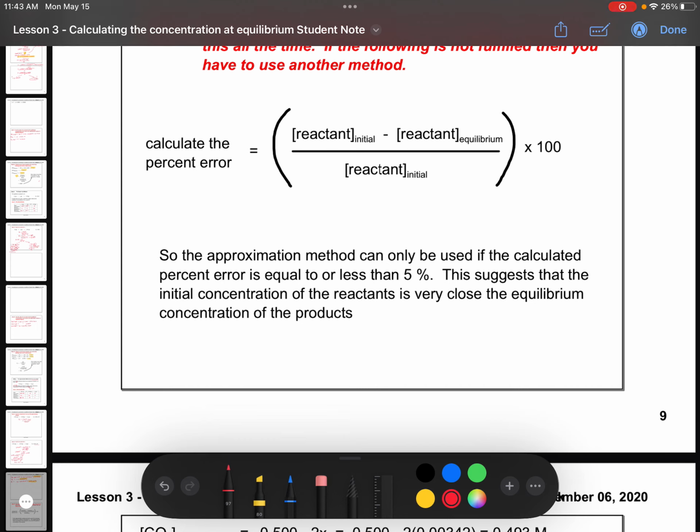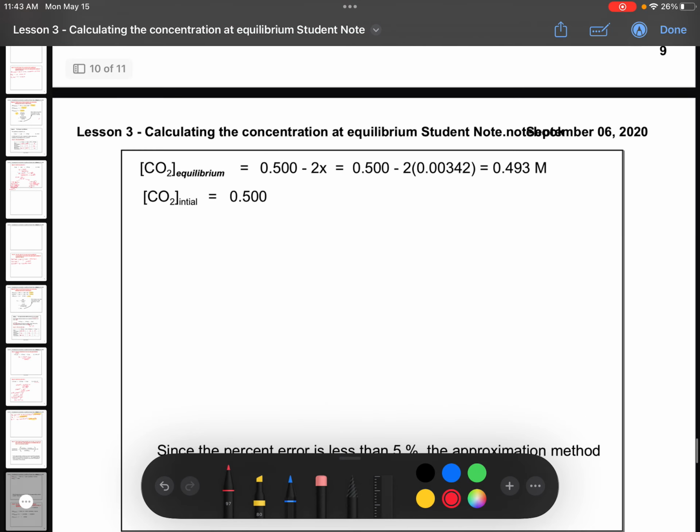You can only use this if percent error is equal to or less than 5%. The reason for that is that if it is less than or equal to 5%, then the initial concentration of the reactants is really, really close to equilibrium in comparison to the concentration of the products.